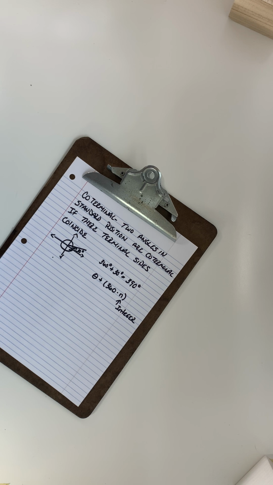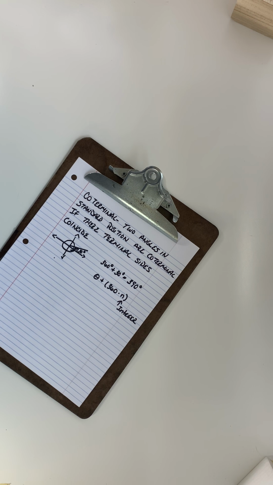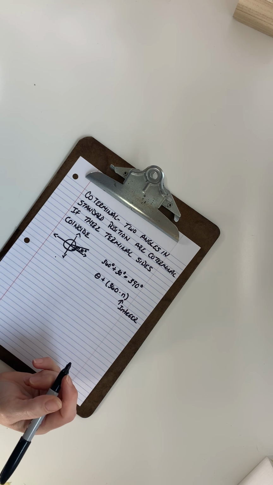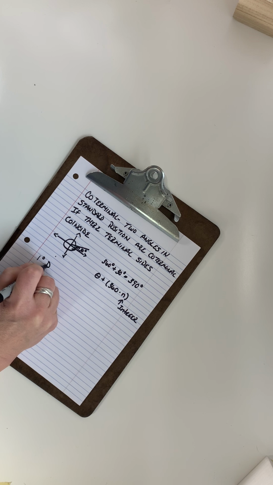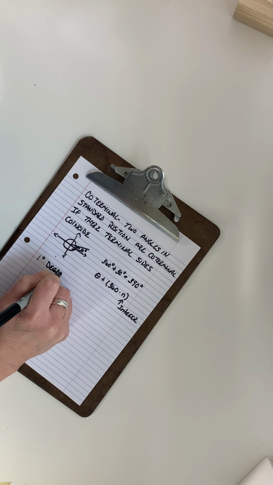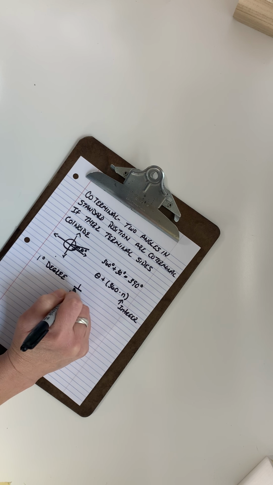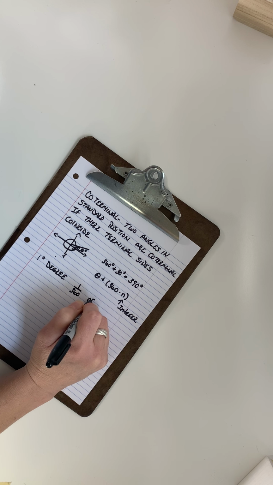All right, next what we're going to do is talk about degrees, minutes, and seconds. So we already know what a degree is. If I say I have a 1-degree angle, it's 1/360th of a complete rotation.